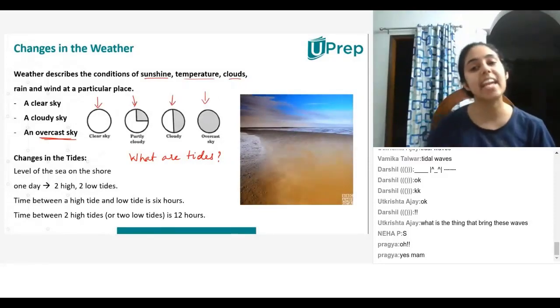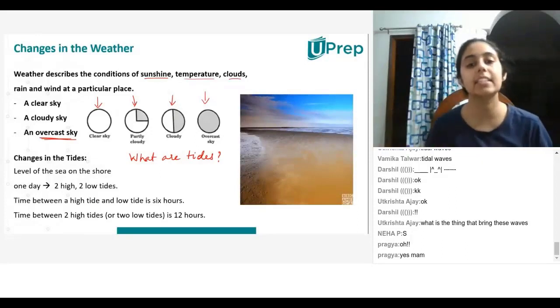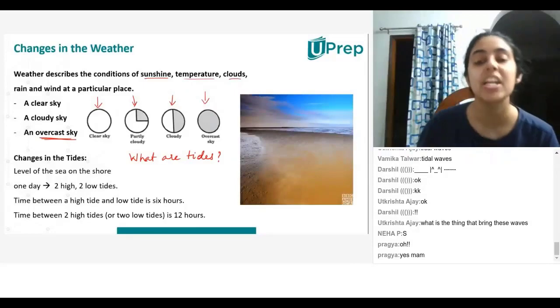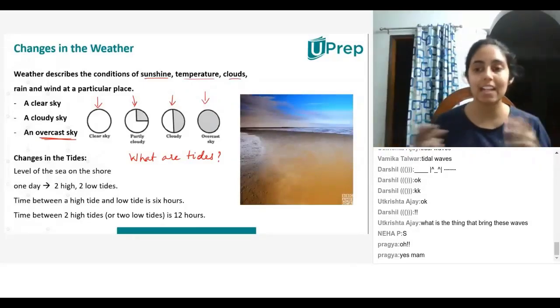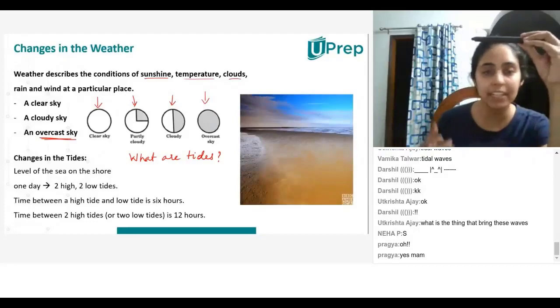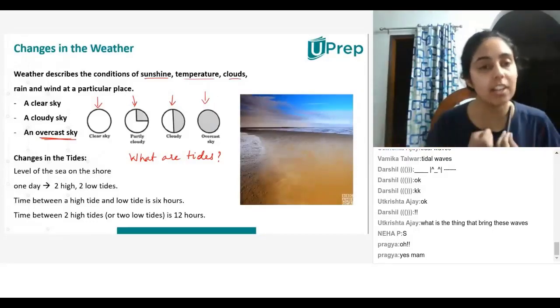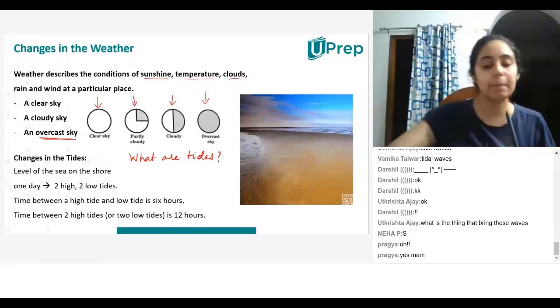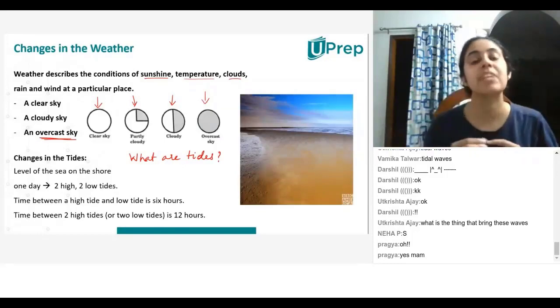So these waves are brought about by the gravitational pull of the moon and the sun. Just like gravity acts, for example, if I leave this pen, it will fall down. Why? Because of the gravitational pull of the earth. So gravity acts on this pen, and the pen falls down.